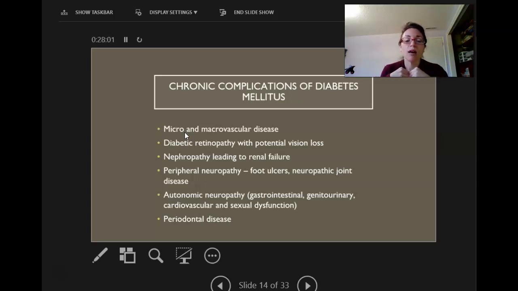And then peripheral neuropathy would be foot ulcers, neuropathic joint disease, so having to do more with the periphery, your hands and feet, that sort of thing. Autonomic neuropathy: gastrointestinal, genitourinary, cardiovascular, and sexual dysfunction. So autonomic would be different functions within the body. And then periodontal disease. Those are all seen with long-term chronic diabetes.